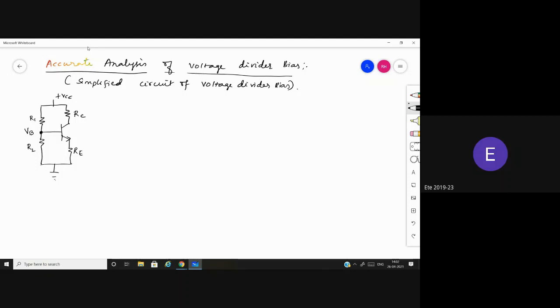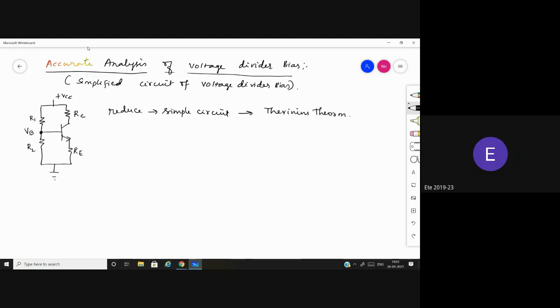We need to reduce it to a simple circuit. To do that, we will be using Thevenin's theorem, which you have already studied in your network theory.